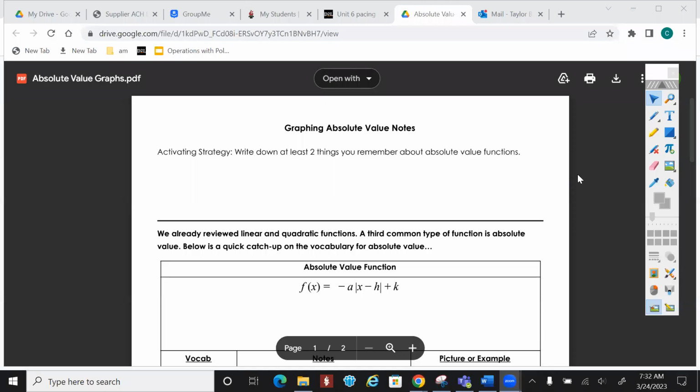All right, what are 2 things that you notice about absolute values? What's the shape of the graph look like?